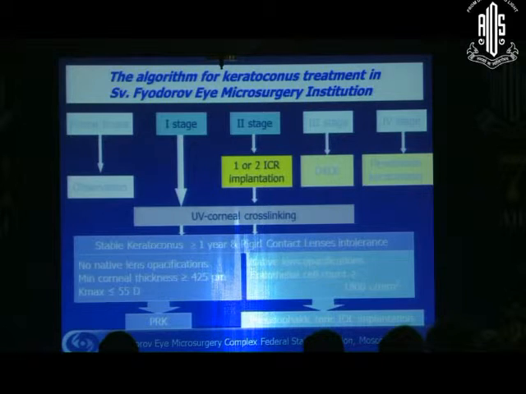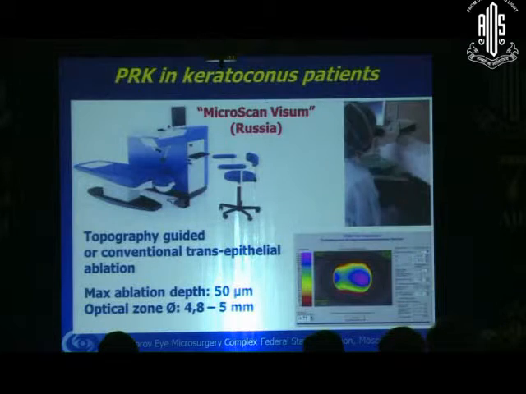In case of stable keratoconus of stage 1 and stage 2, and in case of rigid contact lens intolerance, we perform PRK for refractive errors correction. It depends on which kind of topography we have, and in case of regular cornea, we perform conventional transepithelial PRK.